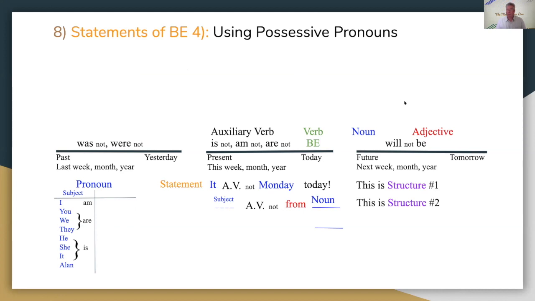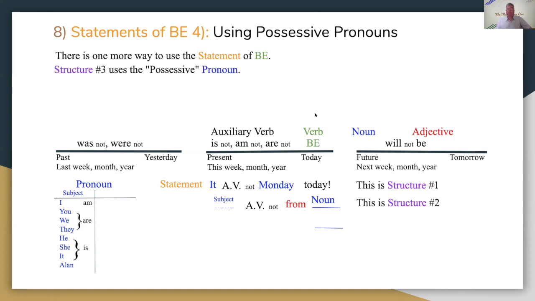Now, the next idea, which is also confusing for some customers, the possessive pronouns. Here at the bottom of the page, we've got the subject pronoun. And this is structure number 3, which uses the possessive pronoun. Now the possessive pronoun is my, your, our, their, his, her, its, Alan's. Okay?